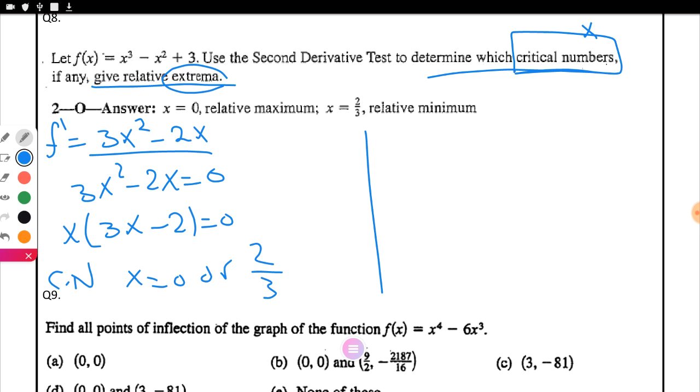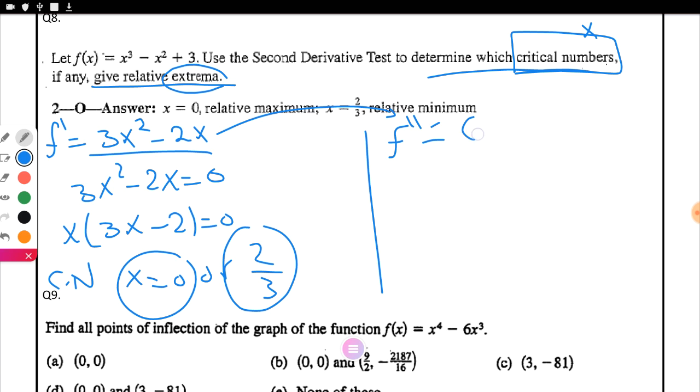The next step, I have to find the second derivative to replace these critical numbers in it. Maybe any one of them is a relative maximum, relative minimum, or neither. First find the second derivative. From here, the second derivative will be 6x minus 2.